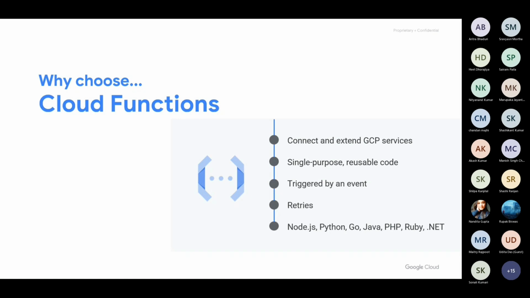Okay. So why should you use Cloud Functions? This is if you want to just deploy some simple application, a single function application or single API. So this is the best option. And there is support for the mainly used, popular languages, so there should not be any issue.